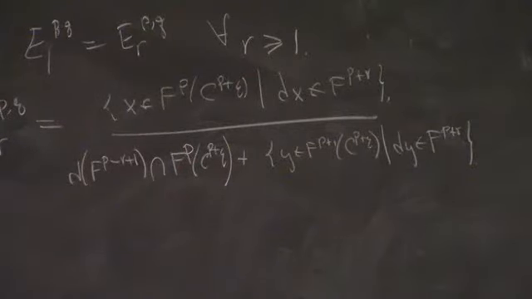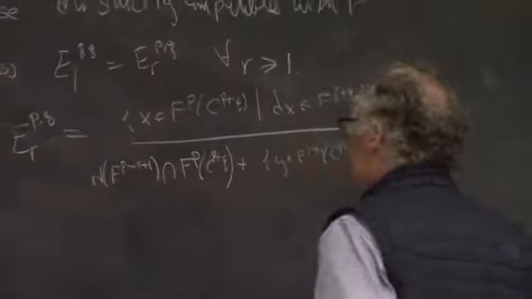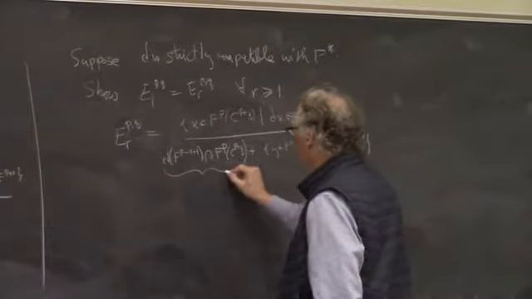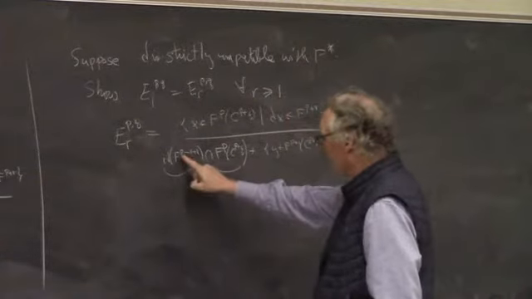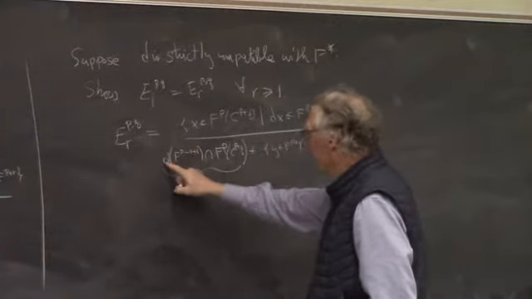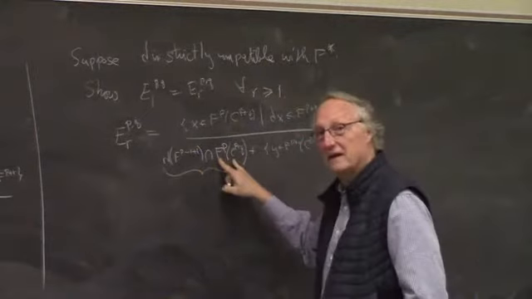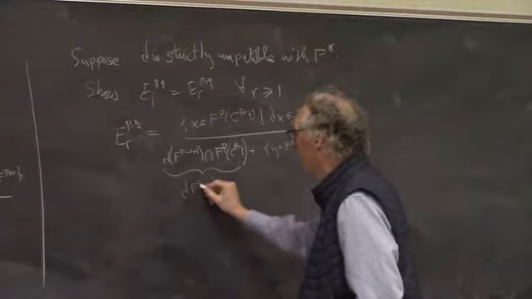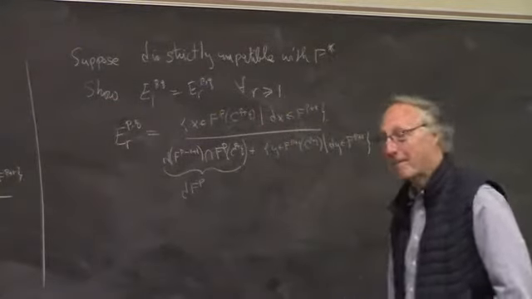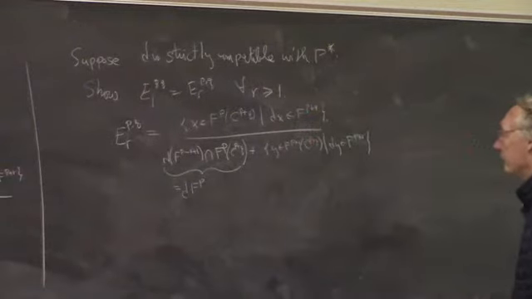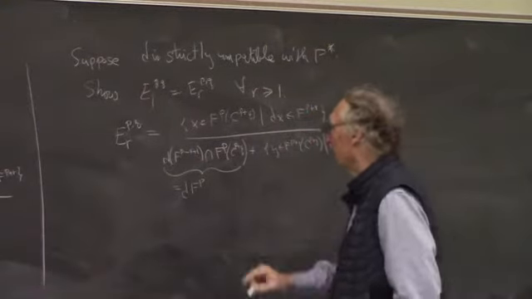So the first thing to observe is, using strictness of D, if you have something in filtration level P minus R plus 1 and you take its image and it's in FP, then this is already contained in D of FP. This is equal to D of FP. This is because R is greater than or equal to 1 here.